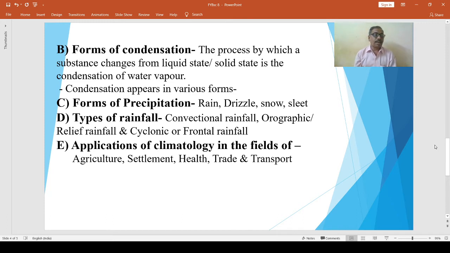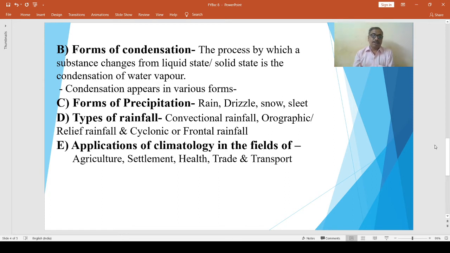Then the forms of precipitation: rain, drizzle, snow, sleet, etc. are the forms of precipitation. About the rain, rain results from clouds when condensation has gone for sufficiently long time. Rain is the most common type of precipitation and is in the form of drops of water.